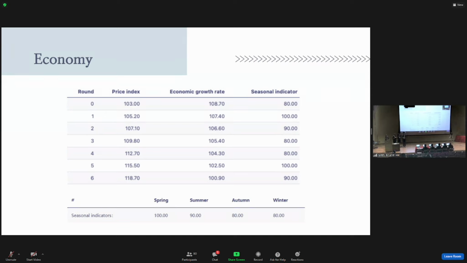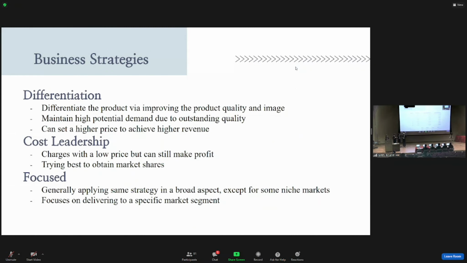However, we have also noticed that the seasonal indicators for the upcoming rounds are all less than 100, which would lower the economic growth rate, such that although there should be an increase in the entire economy, it will not be as flourishing as the other games that we have played in previous months. Thus, we have decided to play safe in today's simulation game.